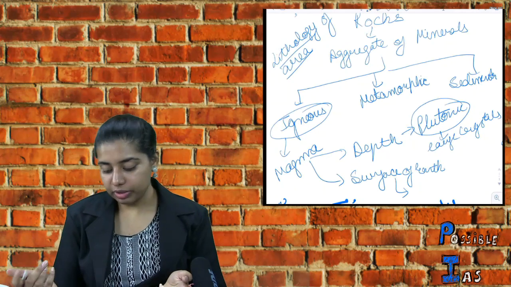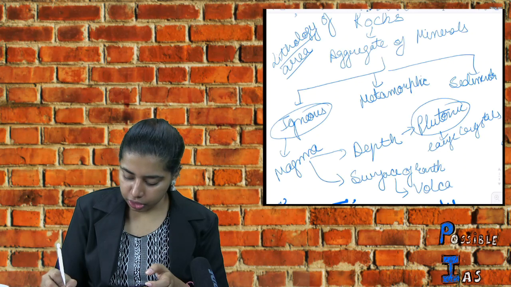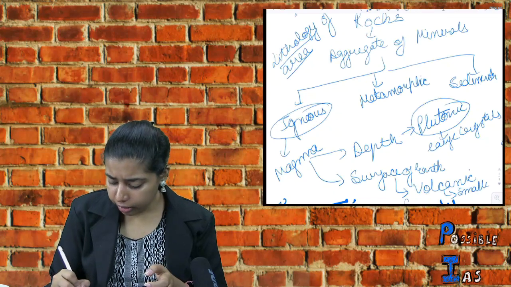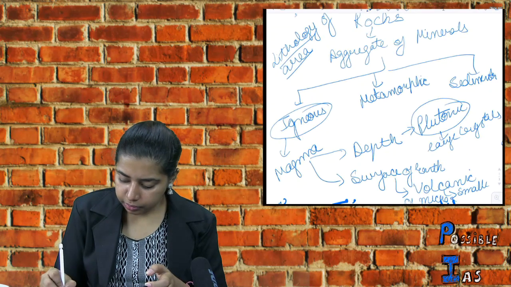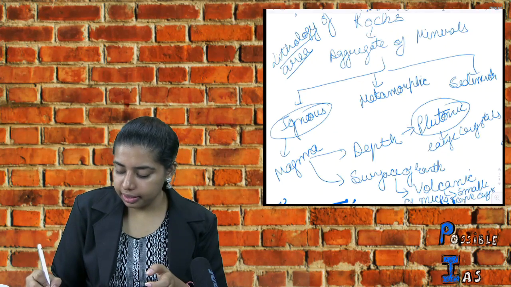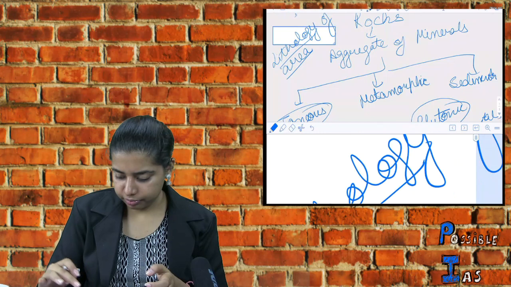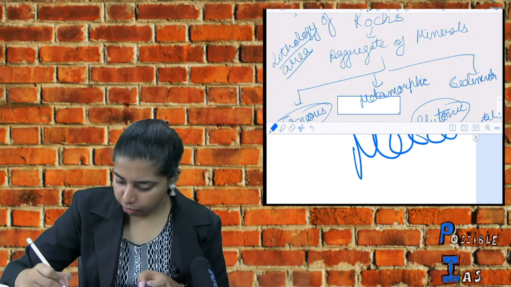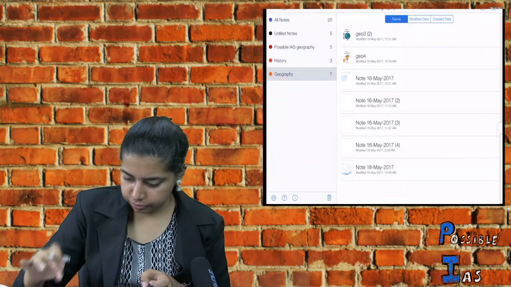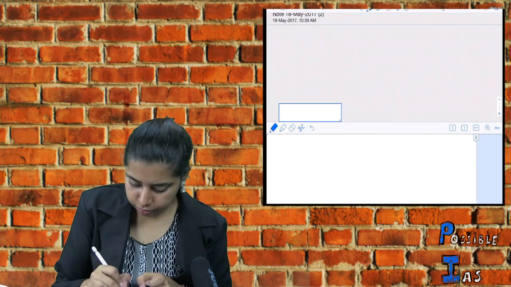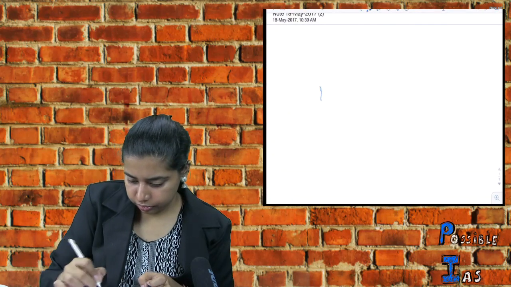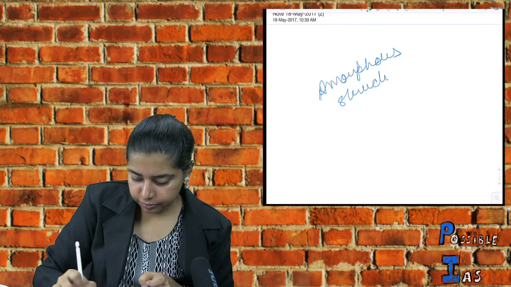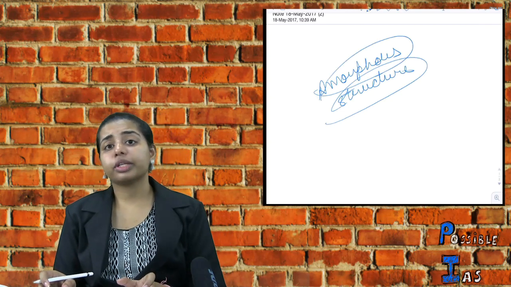Because of this lack of time, these rocks, which are known as volcanic, have small or microscopic crystals, or they can have an amorphous structure. Okay, so that completes igneous rocks.